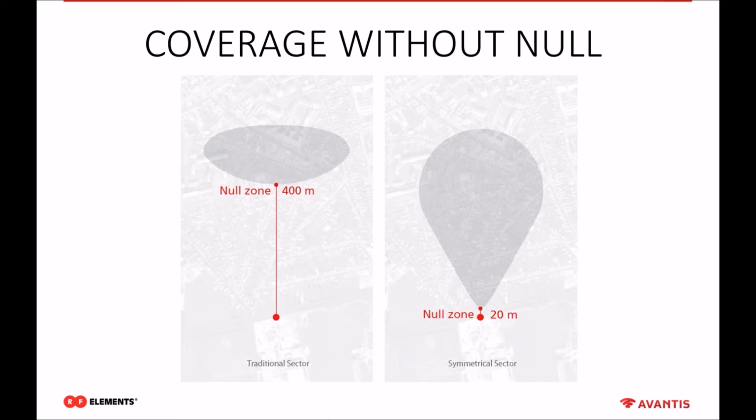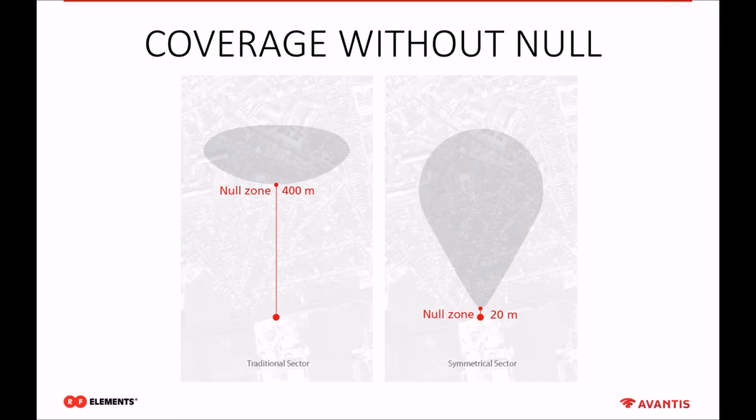But since the beam of the symmetrical sector antenna is symmetrical also in the vertical direction, by using these antennas you can also cover areas close to the tower. So even customers who are close to the tower can have a good signal.